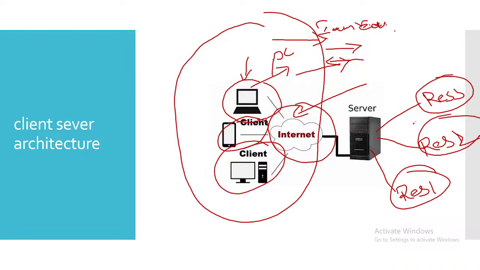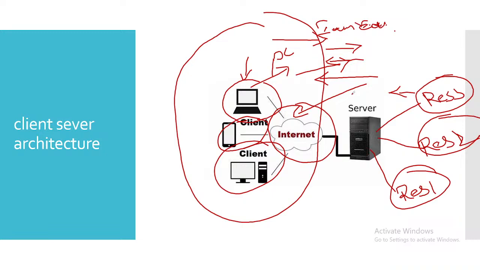The server will search, and accordingly whatever data you want will be fetched, and this particular server is going to send those contents to our mobiles or any PCs or any gadgets which you are surfing. So this is what the client server architecture is. First you have to understand what is client server architecture.